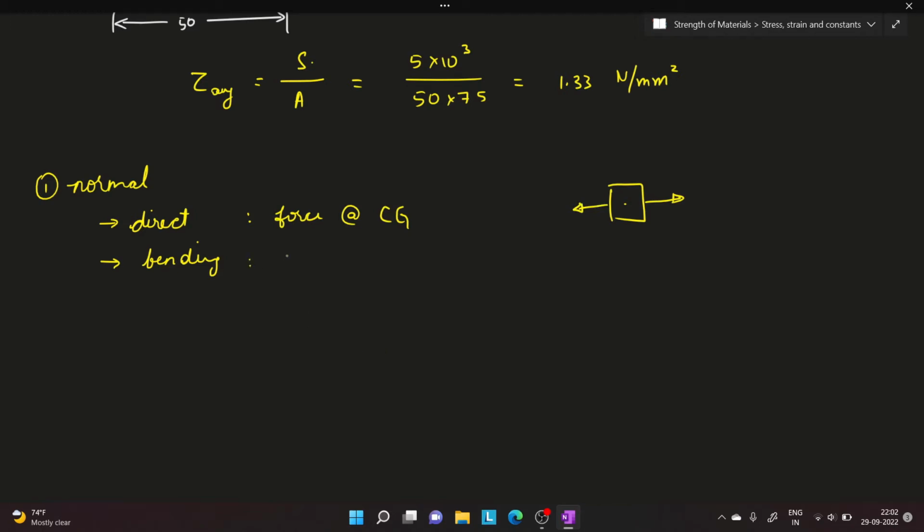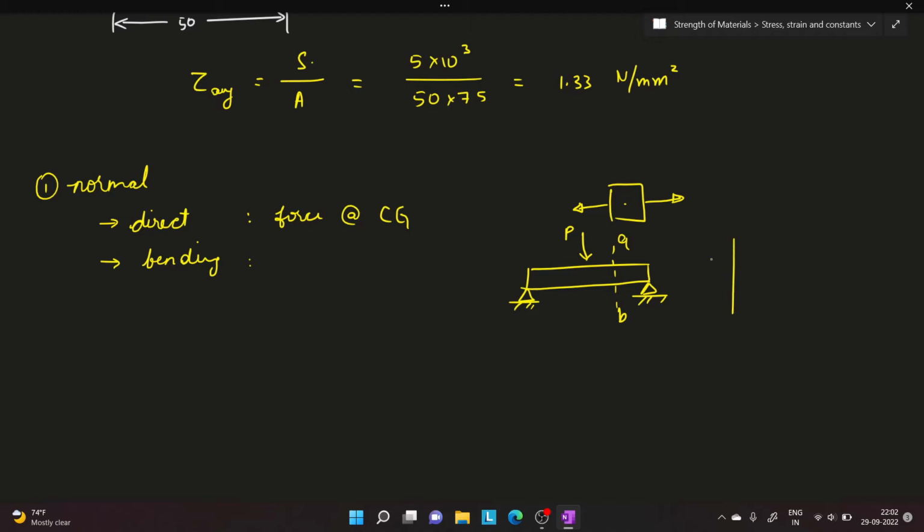Now bending stress. Apart from the CG, let's say I have a beam supported at two ends, a simply supported beam, with a force P somewhere here. I'll consider a cross section A and B. In this cross section I'm going to have a different kind of loading.